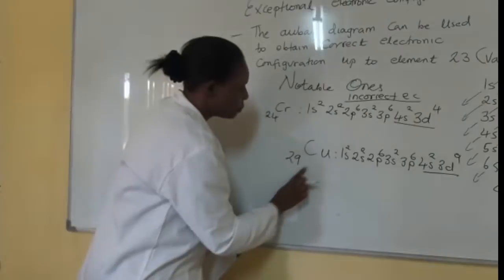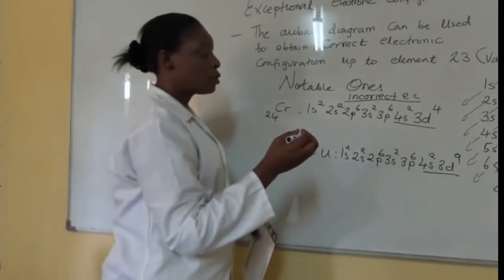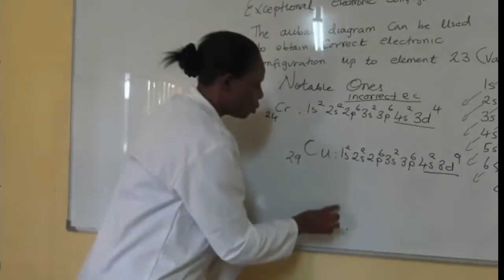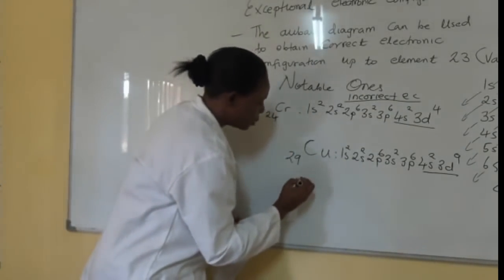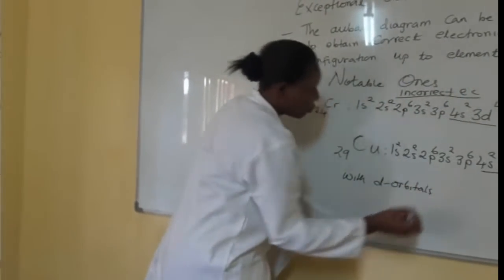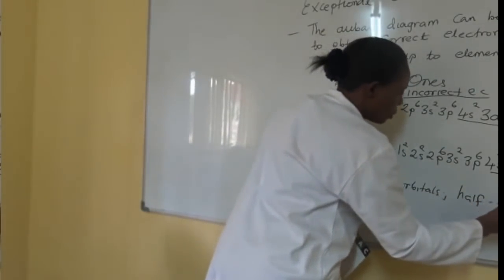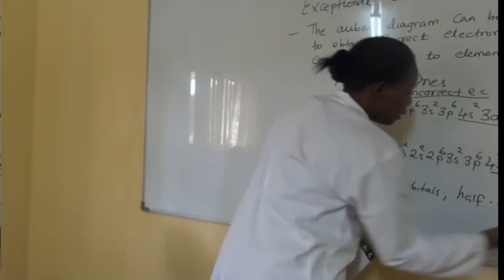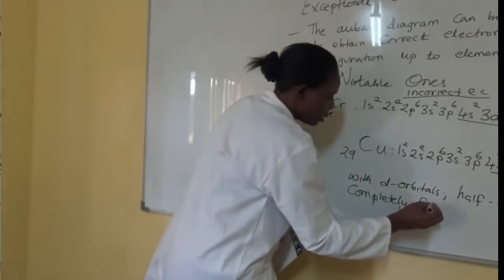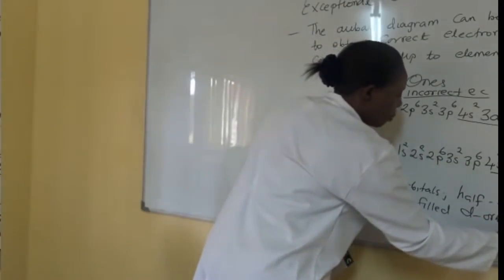Okay? The stability of d orbitals has to go with how electrons are actually filled. So with d orbitals, okay, half filled and completely filled. Completely filled d orbitals are more stable.